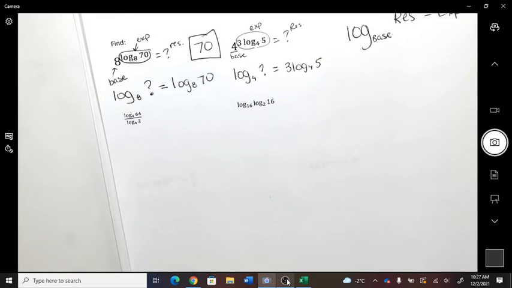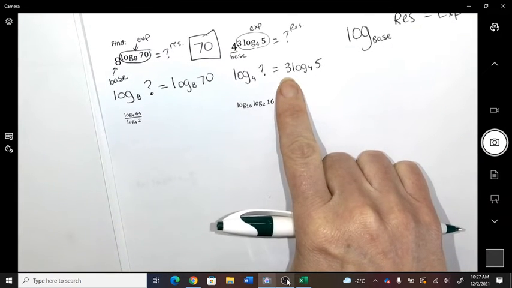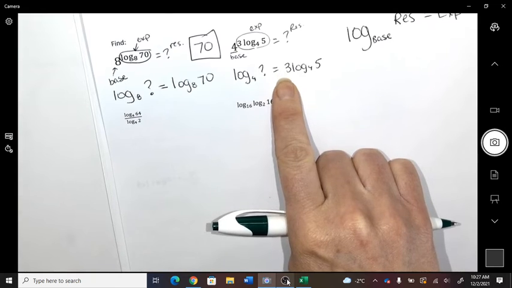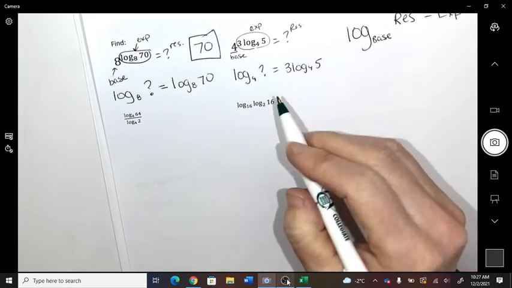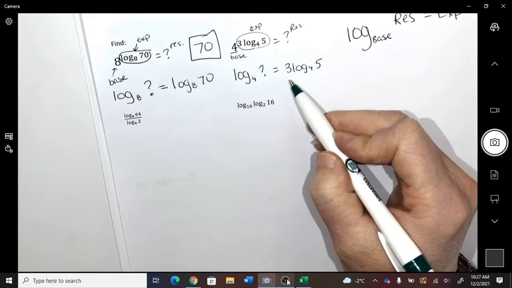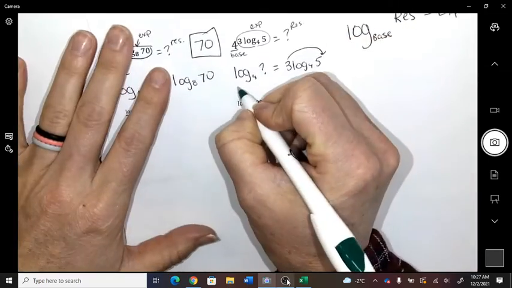Okay, now there's something different about this one. It's the 3. I don't like the 3. Do you now know something else you could do with that 3? What could you do with that 3? If it's a coefficient multiplier, where else could it move to? An exponent.